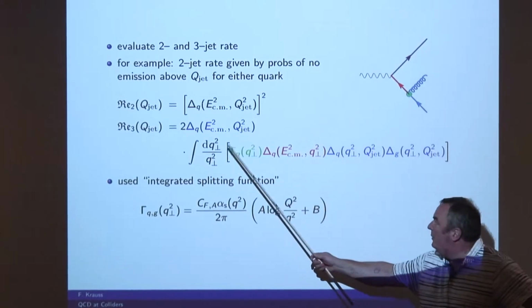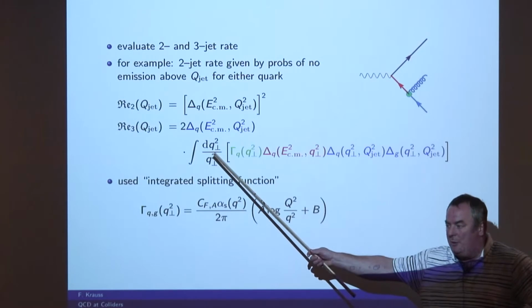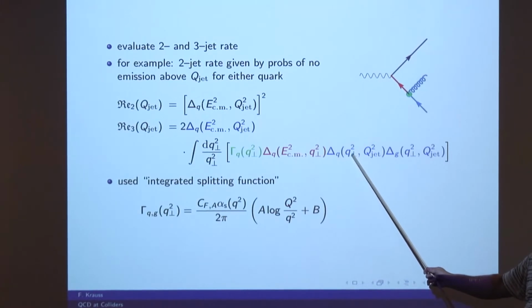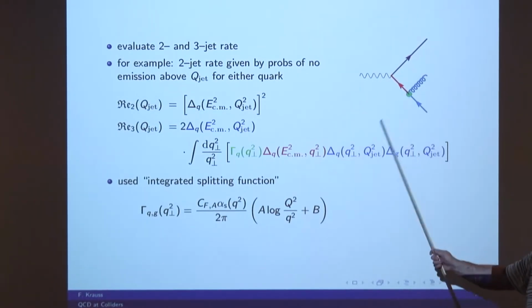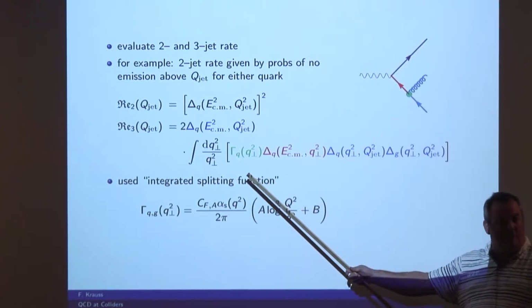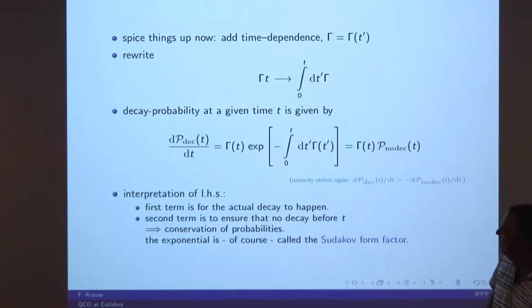So if you integrate over d k perp squared over k perp squared, this is d log k perp squared times log k perp squared. If you would not take the upper limit from this emission, but say q squared again, you wouldn't get logs in. You wouldn't get the logs iterated. So you would start dropping logs.